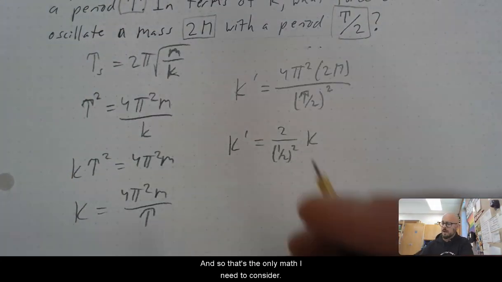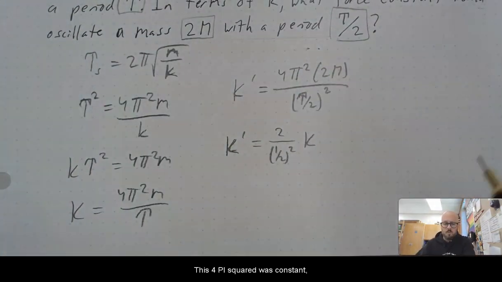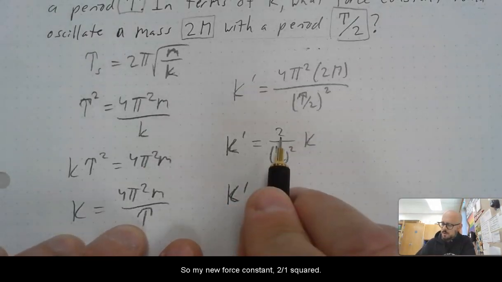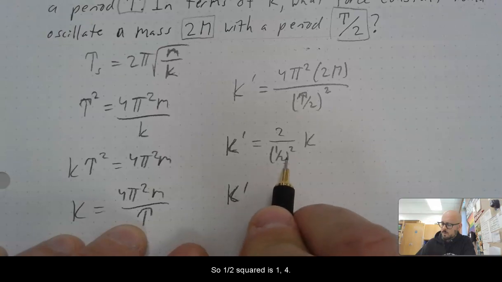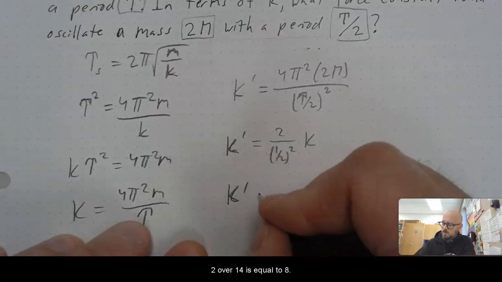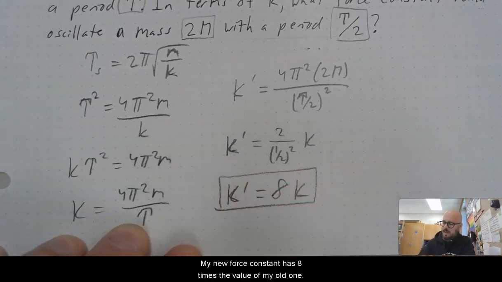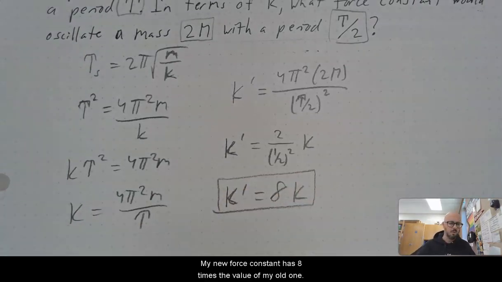And so that's the only math I need to consider. This 4 pi squared was constant, so I ignore it. So my new force constant, 2 over 1 half squared. So 1 half squared is 1/4. 2 over 1/4 is equal to 8. My new force constant has 8 times the value of my old one. So that's hopefully enough to get you started on some practice.